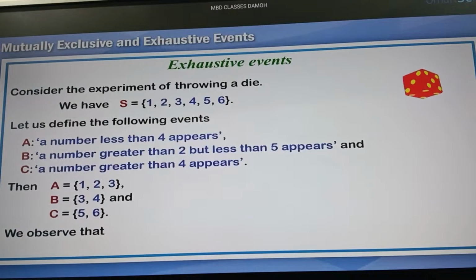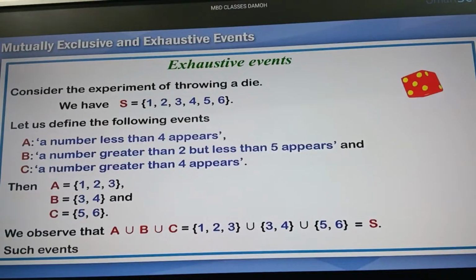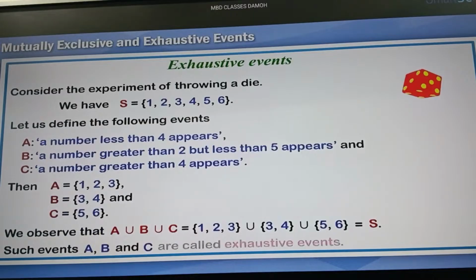We observe that A union B union C is {1, 2, 3} union {3, 4} union {5, 6}, which is nothing but the sample space S. Such events A, B, and C are called exhaustive events.